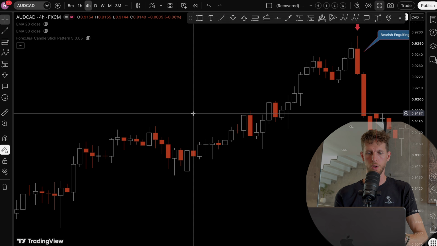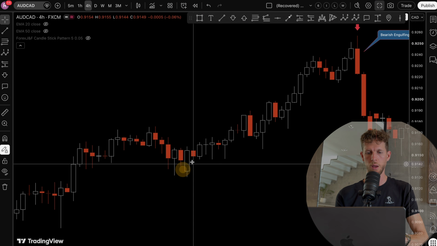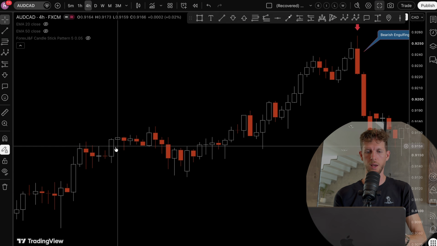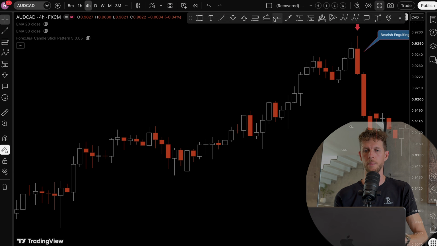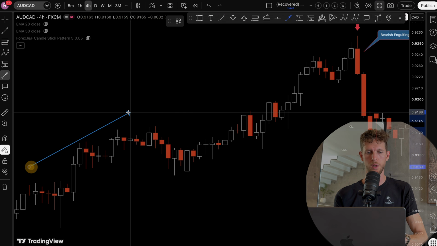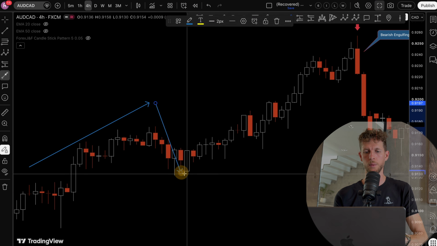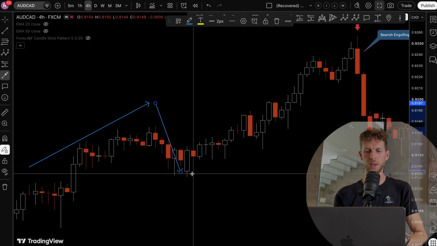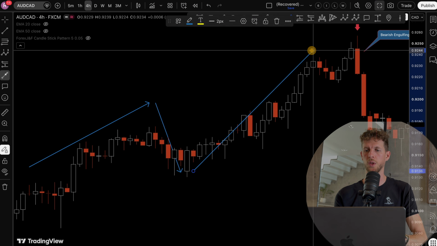Now, you can actually see this trend here had a little pullback here, and you can see there's actually a bullish engulfing here, indicating this little pullback has come to an end and the trend is continuing up. So trend has come up, made a little pullback, and then this candle here, the bullish engulfing, was our indication that the pullback has come to an end and the trend is continuing to the upside.